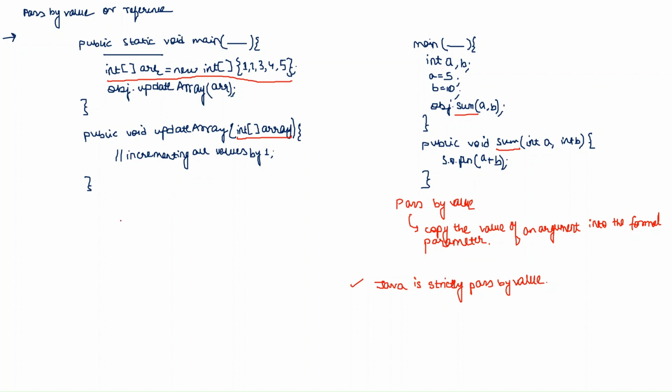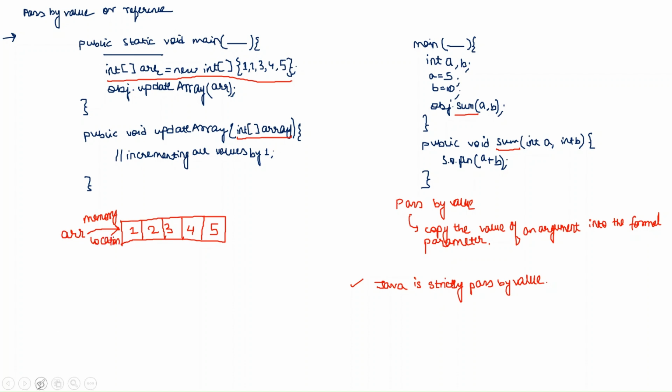The Java compiler creates an array of length 5 and stores 1, 2, 3, 4, and 5. The variable arr basically stores the memory location for this array in the heap memory.